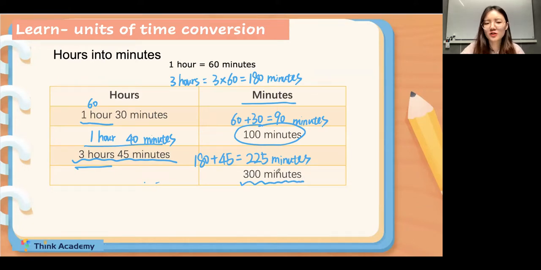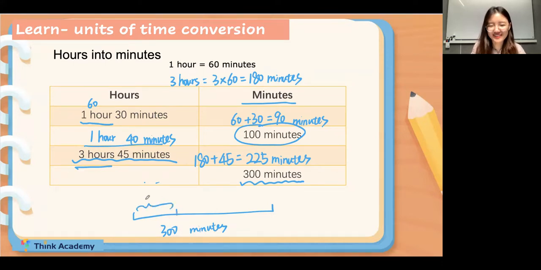And I want to know, how can I convert the time in minutes to time in hours? Let's have a try. For 300 minutes, how many hours in it? For 1 hour, it will be 60 minutes. Then the question will be changed to how many 60 minutes in 300 minutes, right?